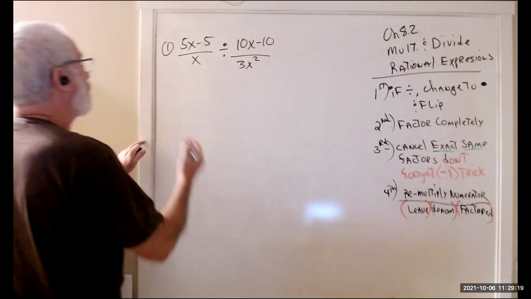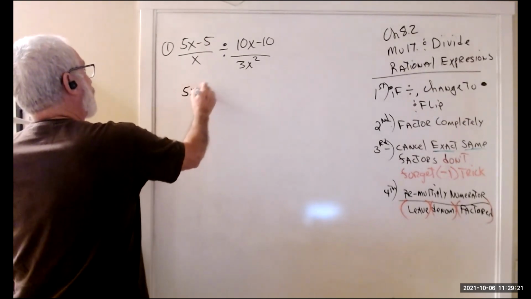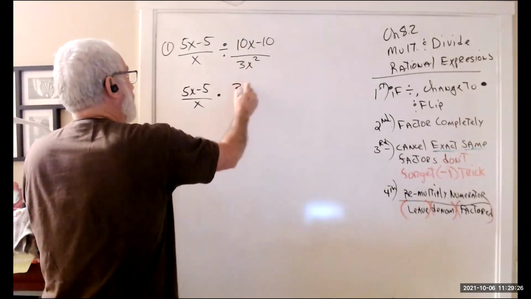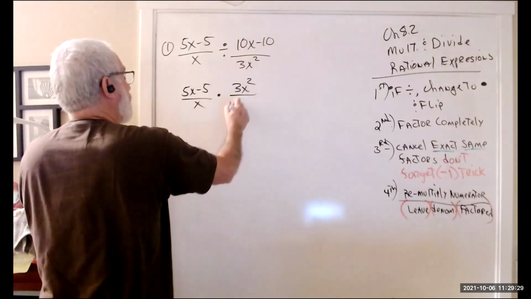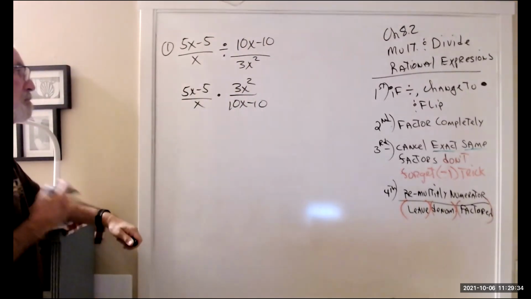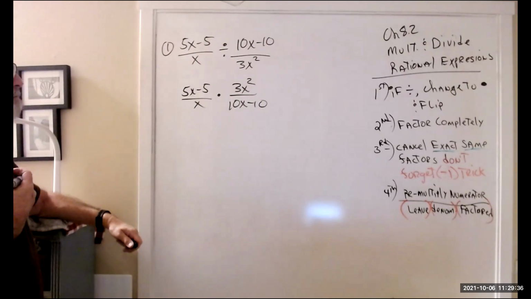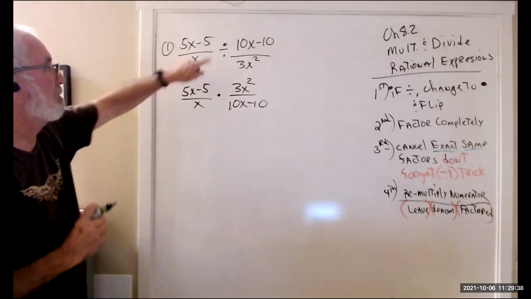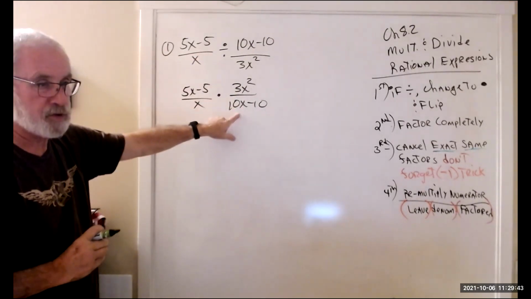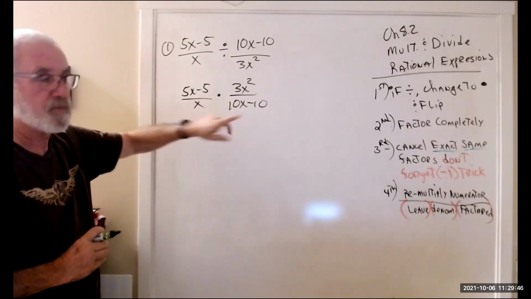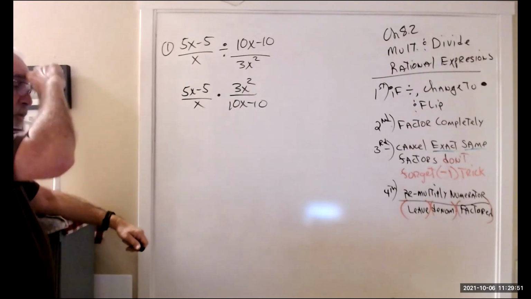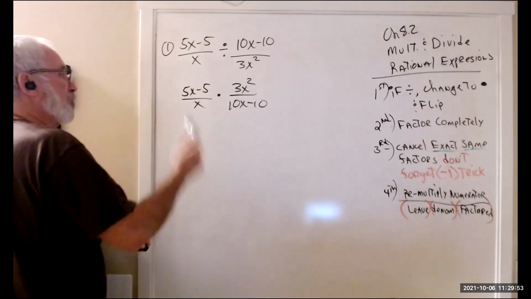So this is going to be 5x minus 5 over x multiplied by 3x squared over 10x minus 10. Okay, so that's the division part. Change the division symbol into multiplication, flip the second fraction. Okay, now we look to factor. And I hope you're paying attention to this because this actually has a trick.